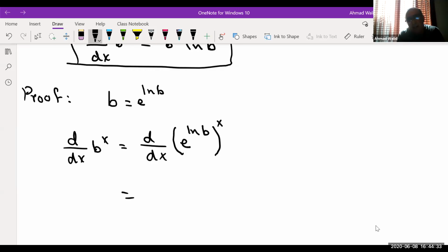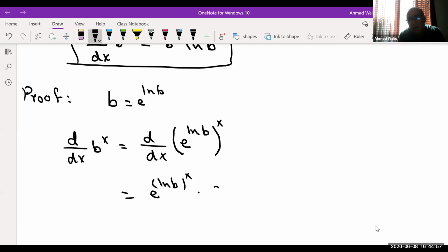Chain rule says the derivative of e to the power of ln b to the power of x: the derivative of e is always the same thing. That gives you e to the power of ln b to the power of x times the derivative of inside. What is the derivative of inside?